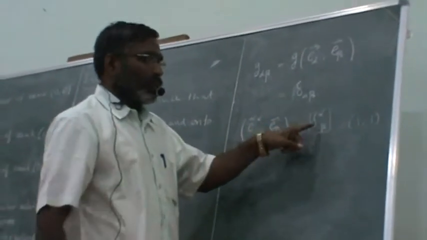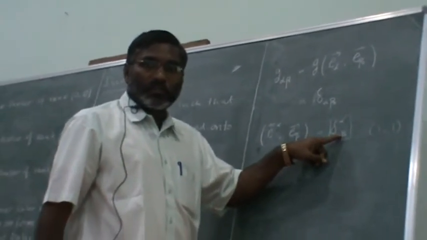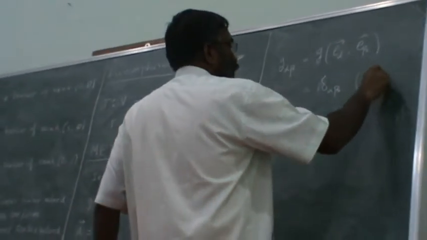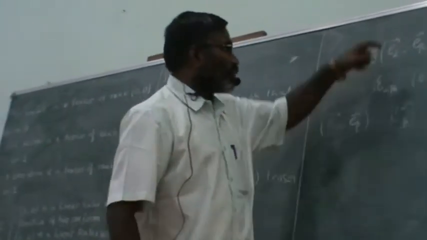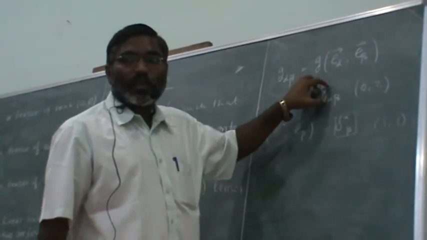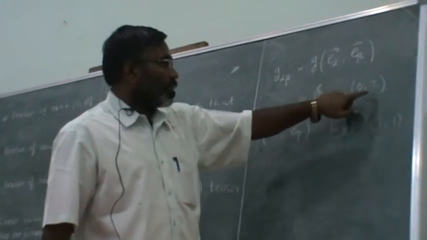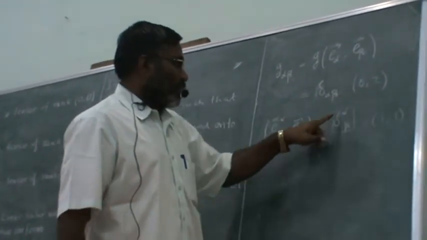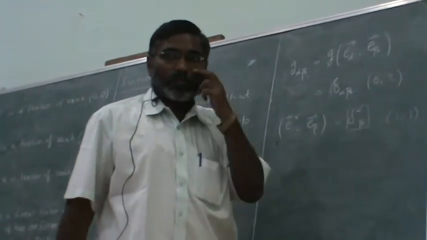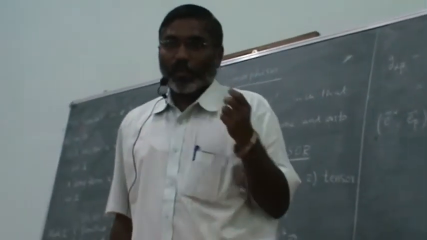Whereas this is 0-2 type, because two vectors are going inside and you are getting a scalar. So this delta alpha beta is a 0-2 type second rank tensor. In other words, this is called a mixed tensor, second rank again, because one form and one vector are going as input.